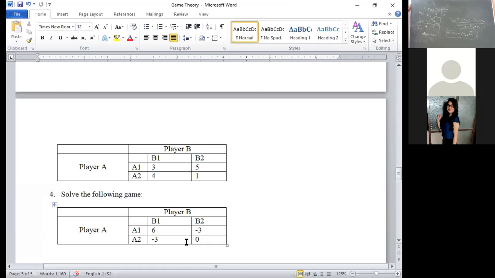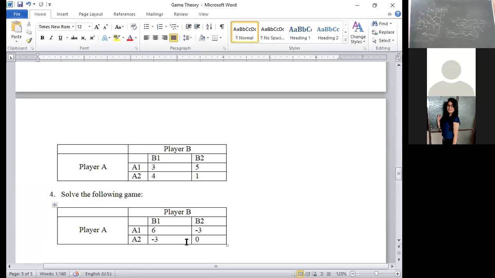Next, we need to find out the expected payoff for each player, when player A uses strategy A1, A2, and what are the chances for player B. For this purpose, we need to calculate the expected payoff for player A when player B uses the strategy B1 or B2.